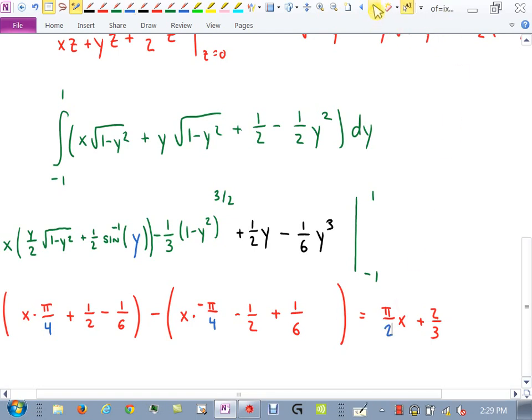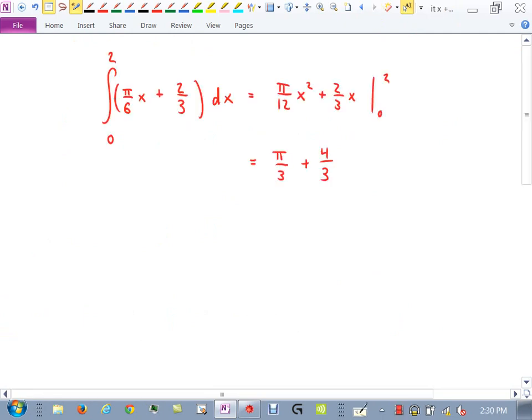And then now we come back over here, and this was 2, right? Now when I plug in, I get 2 squared, which is 4. 4 over 2, that gives me the 2 pi there. Oh, yeah, over 2. So that would become pi over 4.